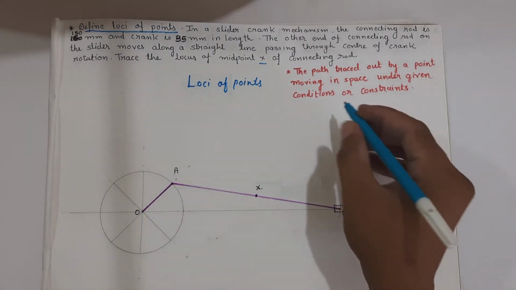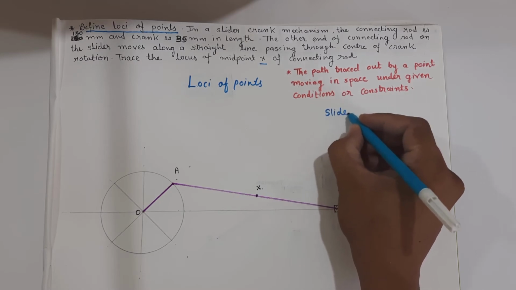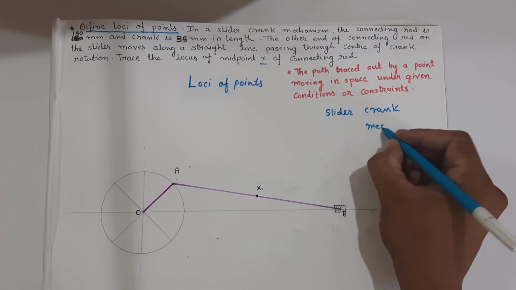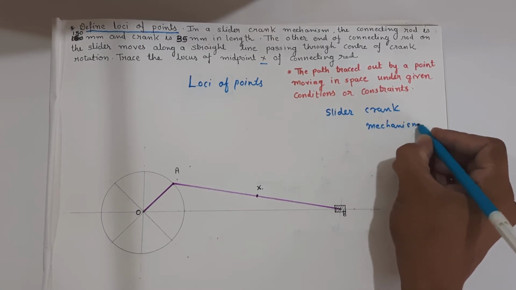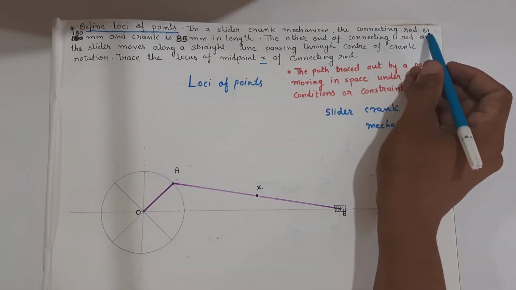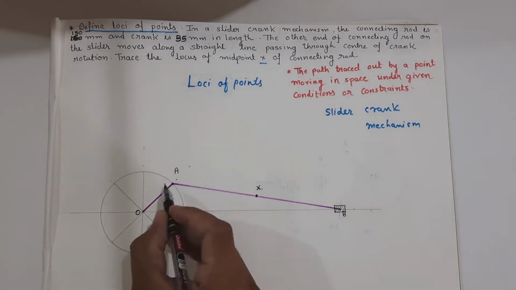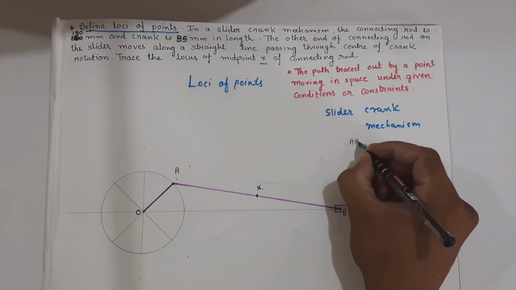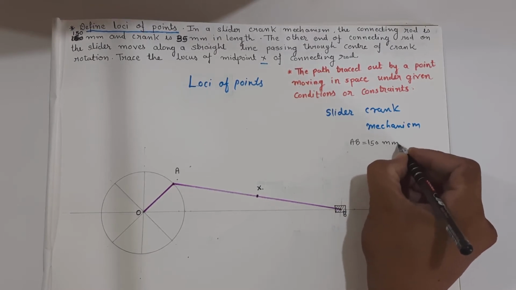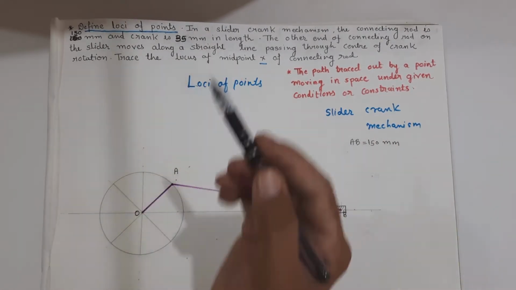So this is the single or simple slider crank mechanism, in which the connecting rod is 150 mm. So we can say that AB is a connecting rod and the length of AB is equal to 150 mm, and crank is 35 mm.